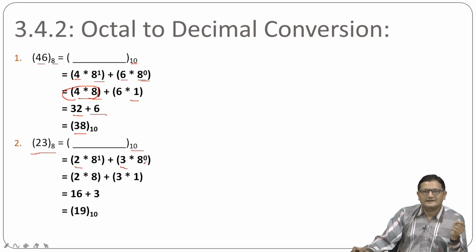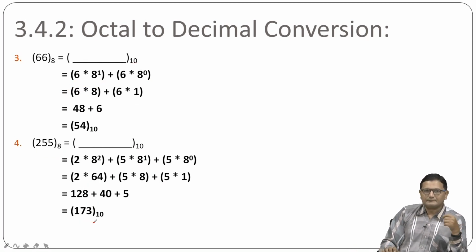Then from the last digit you start: 3 multiplied by 8 raised to 0, and 2 multiplied by 8 raised to 1. 8 raised to 1 is 8, and 8 raised to 0 is 1. 2 into 8 is 16, so we write 16, and 3 into 1 is 3. 16 plus 3 makes 19. So 19 is the decimal form of 23 octal.